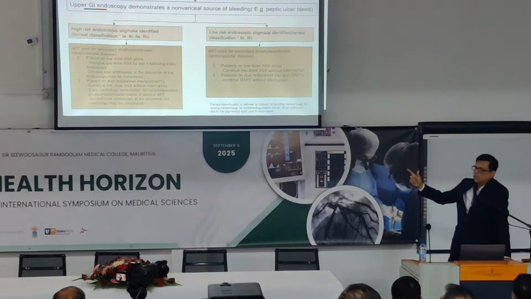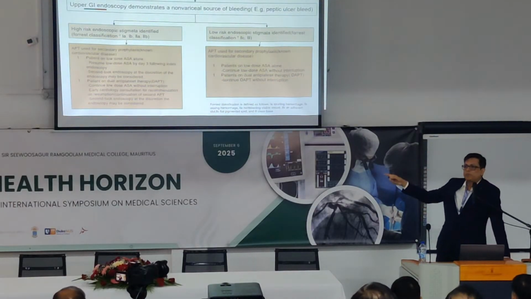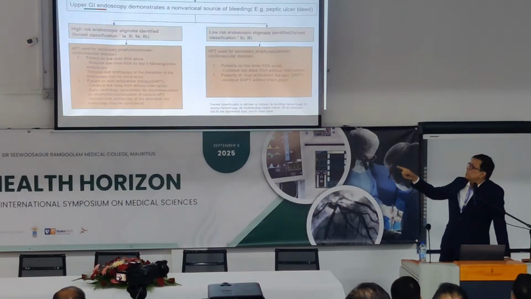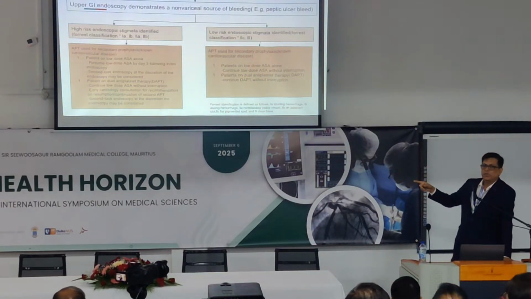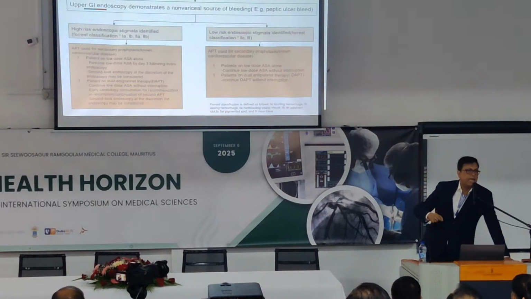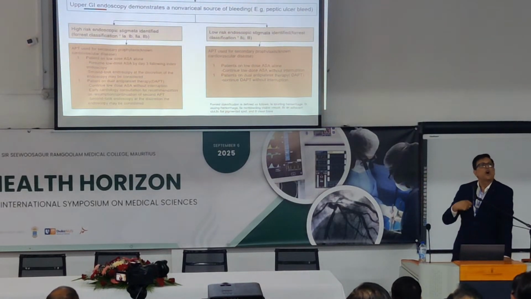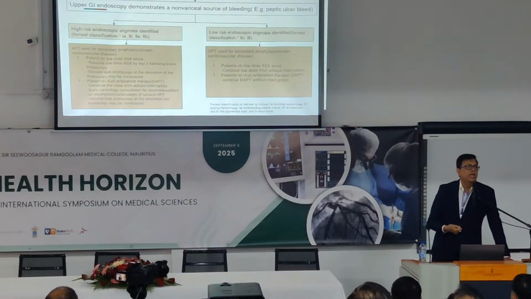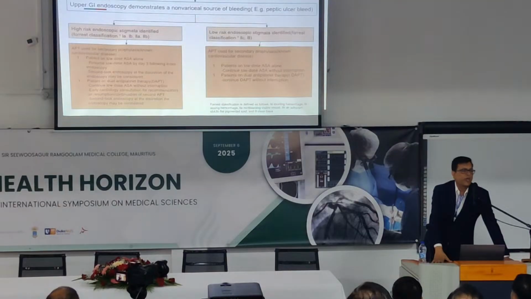In that case, you should stop the DAPT, and you start aspirin after 3 days if the patient was on aspirin. A second-look endoscopy should be done, and then you decide in consultation with your cardiologist when the second antiplatelet should be resumed.